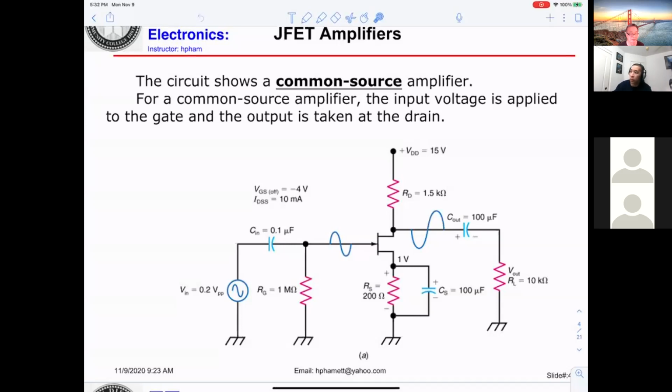Mr. Pham, I know you're doing the AC version, but on the DC side, that big resistor makes VG small. Is that correct? No, nothing like that. That only makes sure the gate cannot be shorted to the ground. If you don't have that 1 megaohm, it shorts to the ground, so the signal cannot go to the gate.